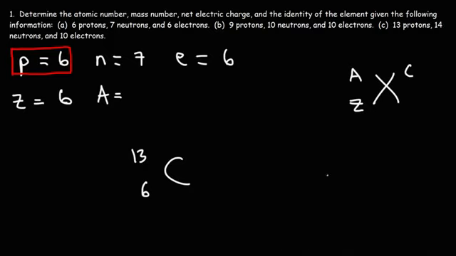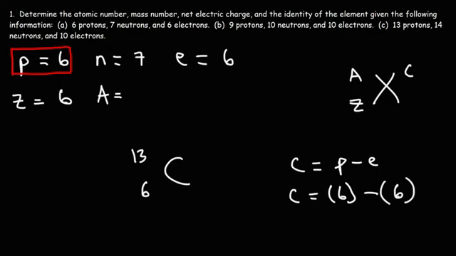Now, to calculate the net electric charge, the charge is going to be the difference between the number of protons and electrons. So we have 6 protons and we have 6 electrons. There's no need to put -6 here because we've already incorporated the negative sign in front of the electron symbol.